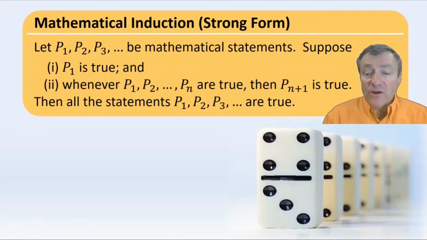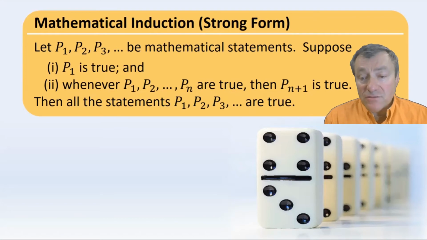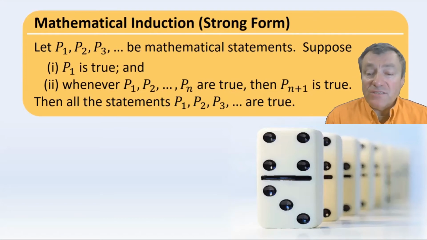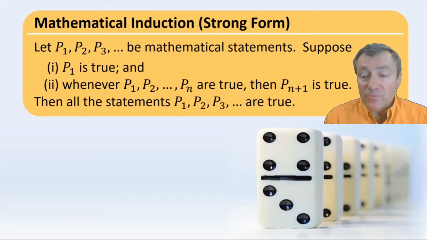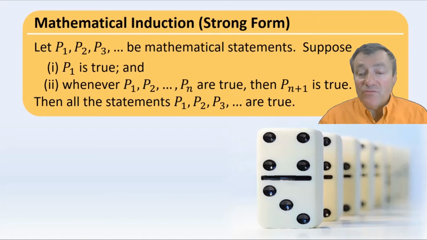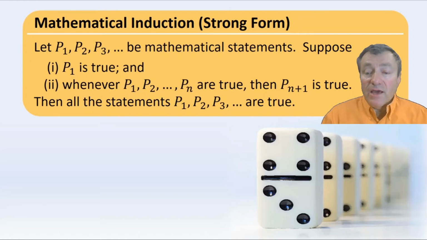Now there is a stronger form of induction, which is sometimes called complete induction. Once again, we have an infinite sequence of statements we want to prove. In order to do so, it suffices to show that, first of all, the first statement in the list is true, and whenever the first n statements in the list are true, then collectively they imply the next statement, the n plus first statement.